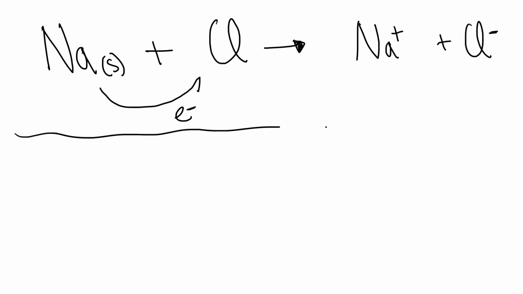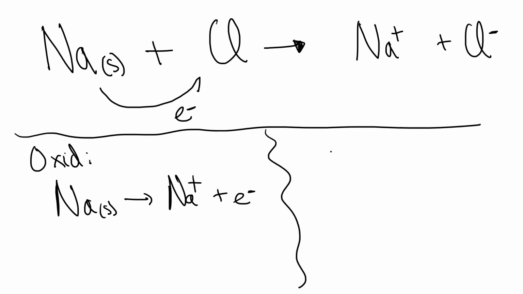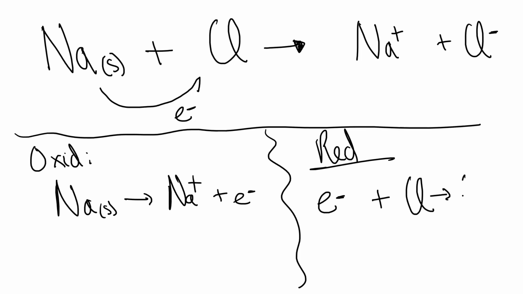What that actually means is you've got the oxidation reaction that happens, which is sodium solid becoming the sodium cation plus the electron, and you've got the reduction reaction that has to occur as soon as that electron is free and comes into contact with the chlorine atom to form the chloride ion.